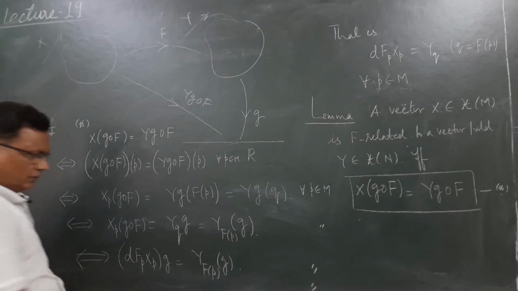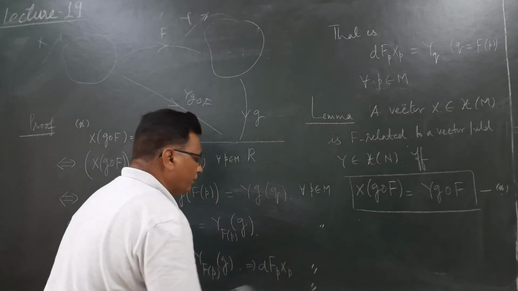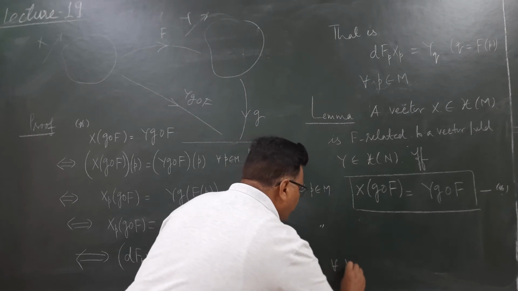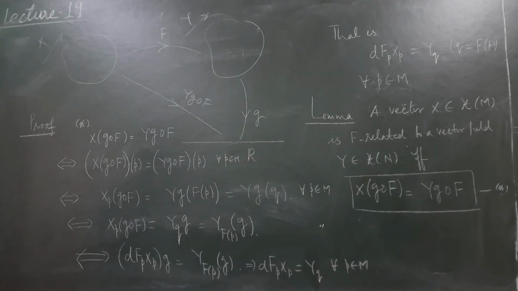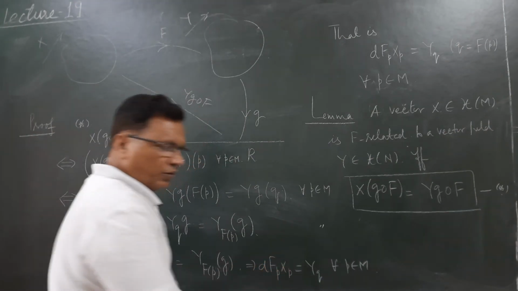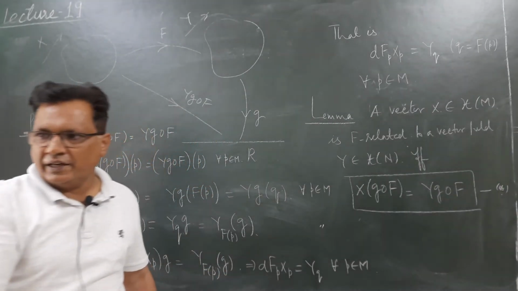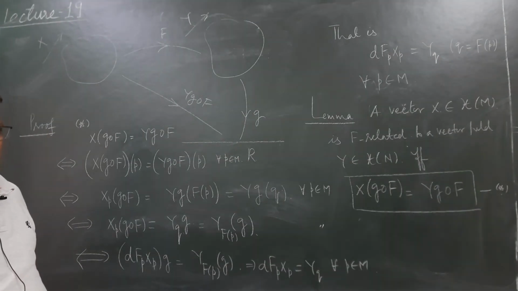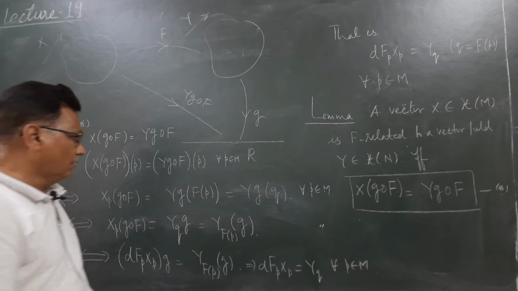So this implies that df_p Xp equals Y f(p), Y f(q), for all p in M. That means the vector field corresponding to Yq, at every point, becomes an image of Xp under the differential of f. Every tangent vector moves from one manifold to another manifold. Yes, moves to another manifold. So this proves the lemma.